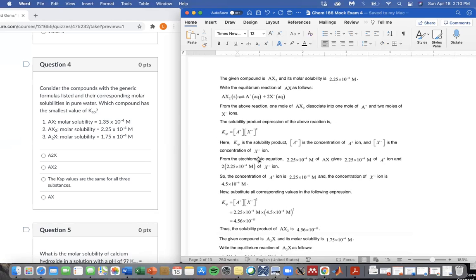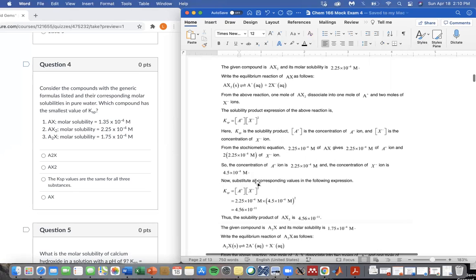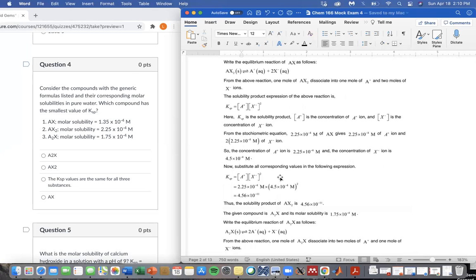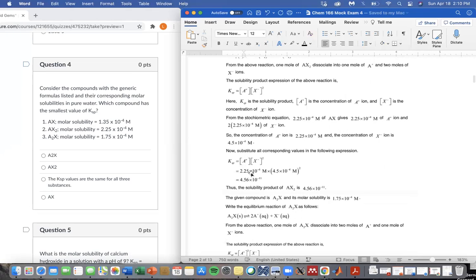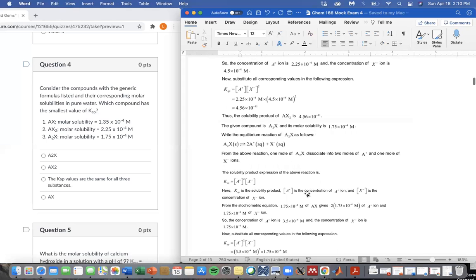Just like the last one, where you had 4S cubed, it's the same idea here. Instead of 4S cubed, they have it as S times (2S) squared. You should get a Ksp value for AX2 of 4.56 times 10 to the negative 11th.